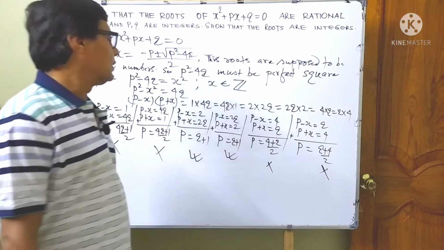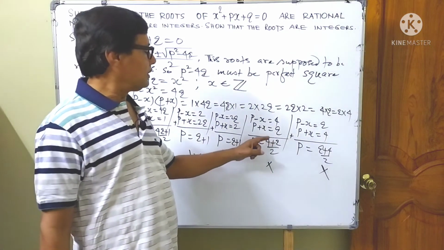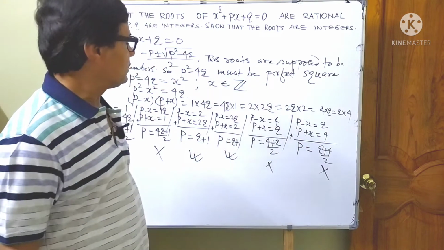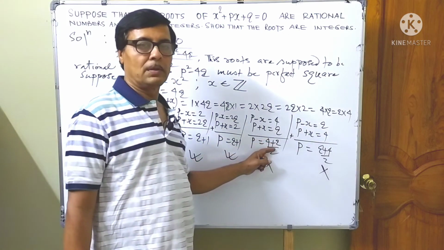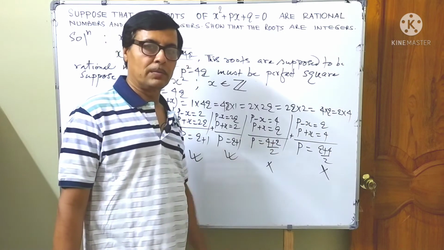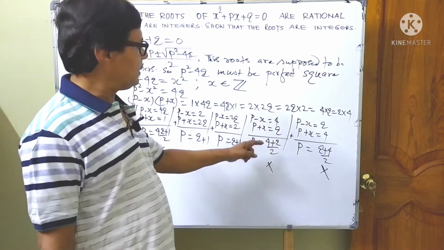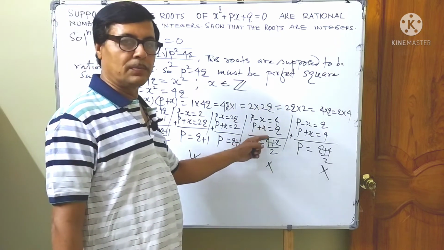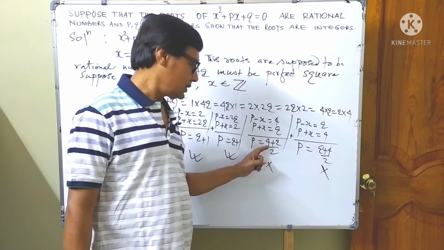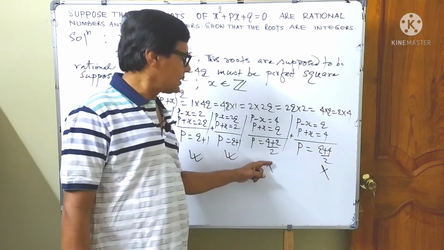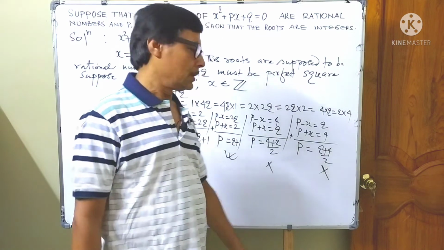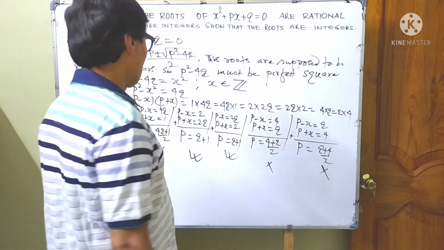We cannot be confirmed about the integer value of p from these two relations, because 4 plus q may be an even number or may be an odd number. If even, then p is an integer, but if 4 plus q is odd, then p cannot be an integer. So p equal to this cannot always be accepted.